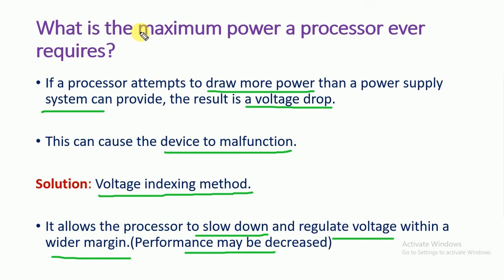For having these types of problems, we should have a voltage indexing mechanism where we can manage automatically. The system should slow down to control itself. Otherwise it will affect the entire system by causing some malfunction. So in order to avoid that, we should have a voltage indexing method.